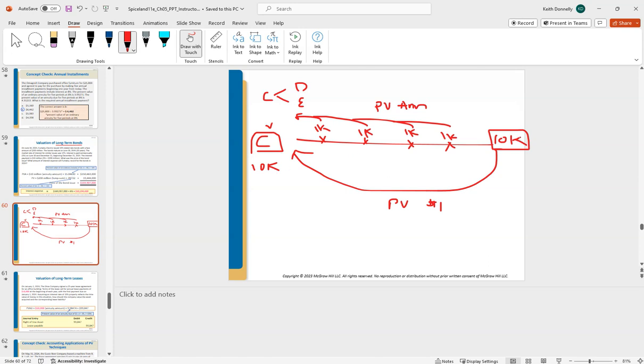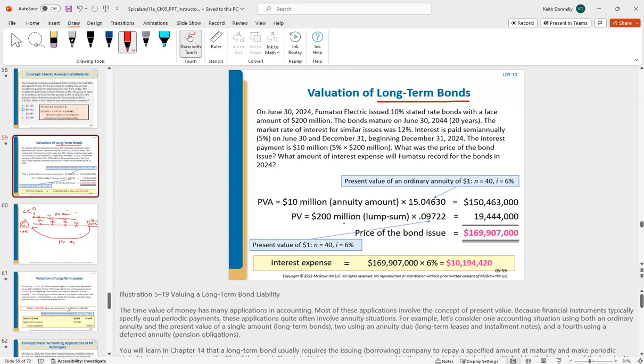Well, somebody would buy it because they're putting 10K in, they're going to get it back, as well as they'll get 4K interest. So you put 10 in, you get 14 out, you just made 4 grand. So this is showing you that you would present value the annuity, you would present value the lump sum. That would be the price of the bond.